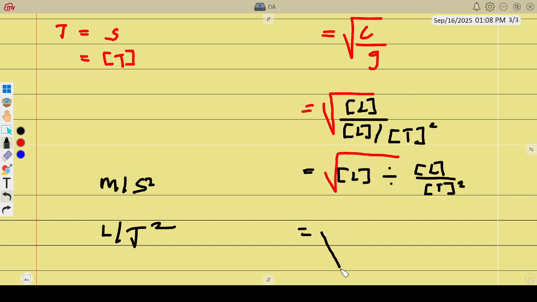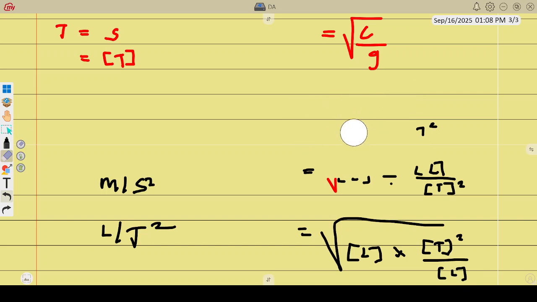And then we'll go on to say square root of L, and this will be times, so we'll have T squared over L. From here we can see that something is cancelling.